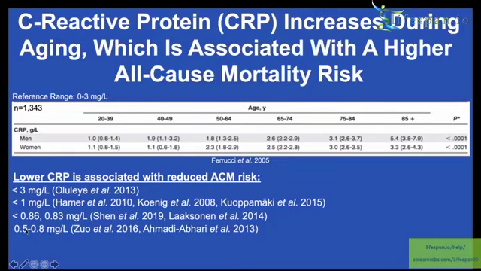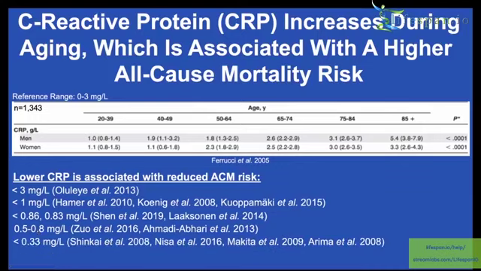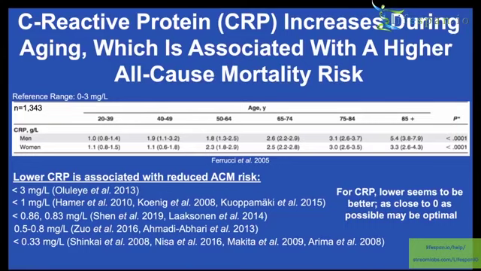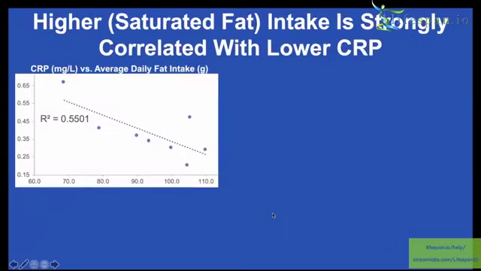Another 2 studies found 0.5 to 0.8 may be optimal. But it doesn't stop there. 4 studies found that CRP levels less than 0.33 milligrams per liter were associated with lowest risk of death from all causes. So from this, we can conclude, or the data suggests, that lower is better for CRP, and as close to 0 as you can get may be optimal.